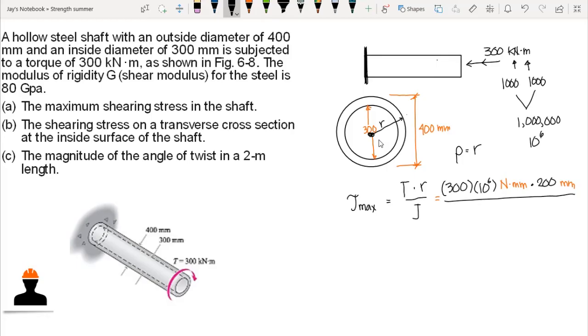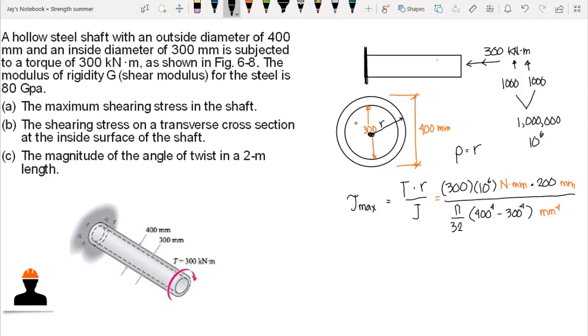Since this is hollow, we take the polar moment of inertia of the greater circle, minus the polar moment of inertia of the hollow. In simplest form, that is pi over 32 times the outside diameter raised to the fourth, 400 raised to the fourth, minus the inside diameter, 300 raised to the fourth, in millimeter raised to the fourth.